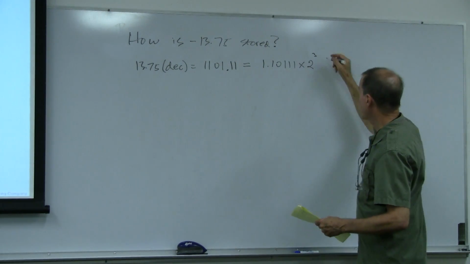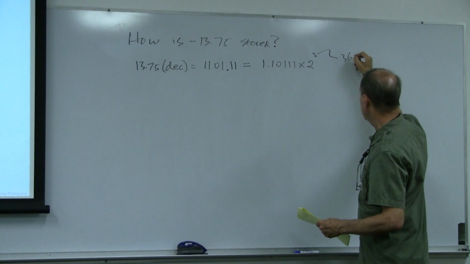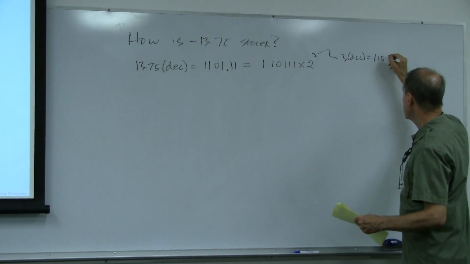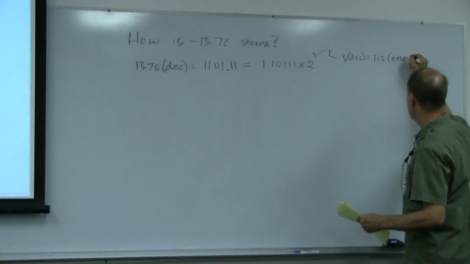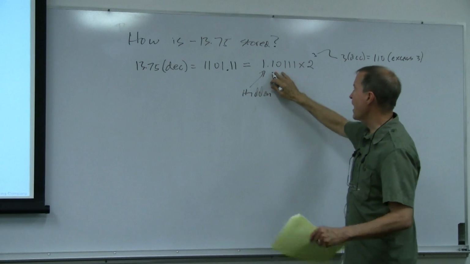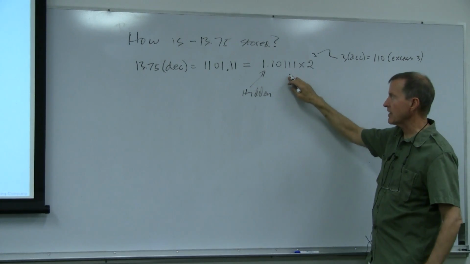And then 3 decimal in excess 3 is 110. This leading one is hidden. Now how many bits do we have left over for the significand?